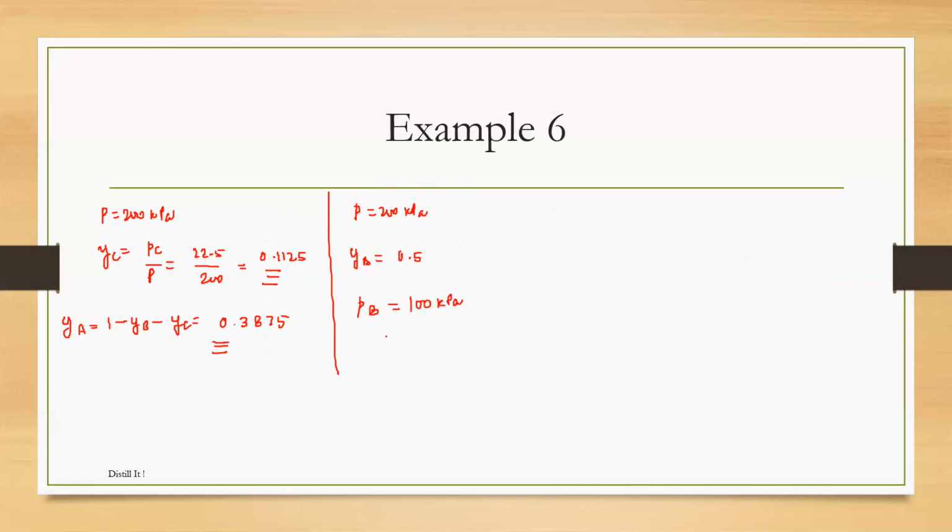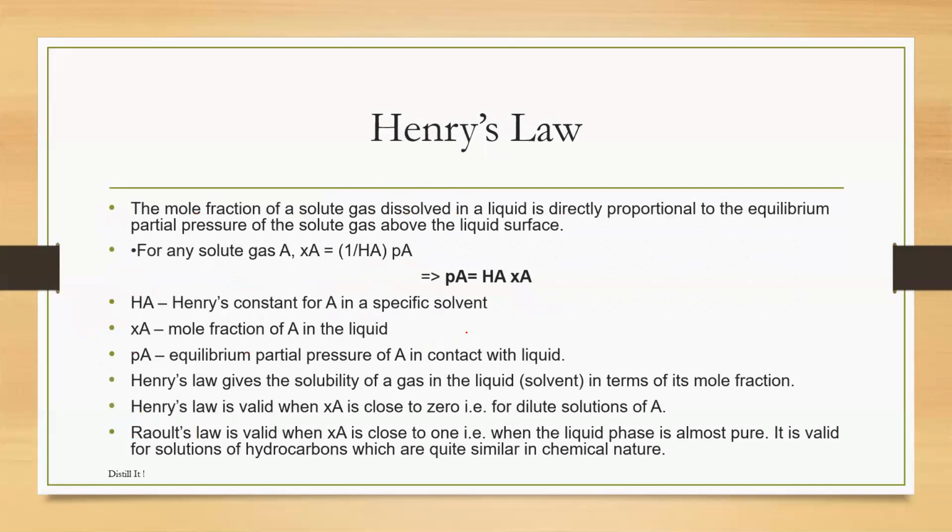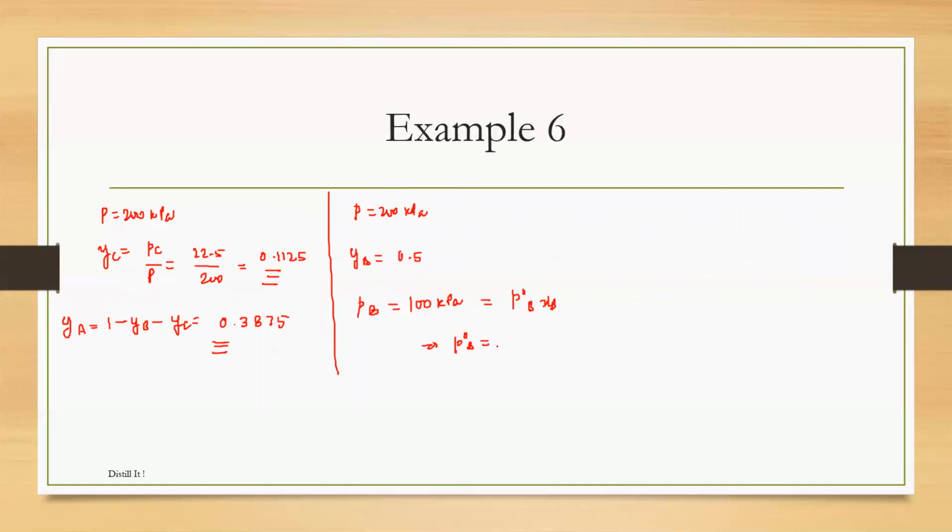Now this 100 kilopascal is nothing but P naught B XB. Therefore, we get P naught B from here as 100 upon XB. XB was given to be 0.3. Hence, we get P naught B equals to 333.33 kilopascal. That is P naught B.